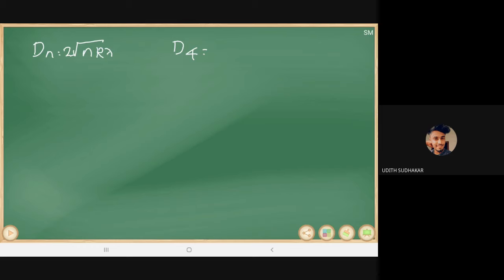D4 is given as 0.4 centimeter, and D12 is given as 0.7 centimeter. And we have to find D20.